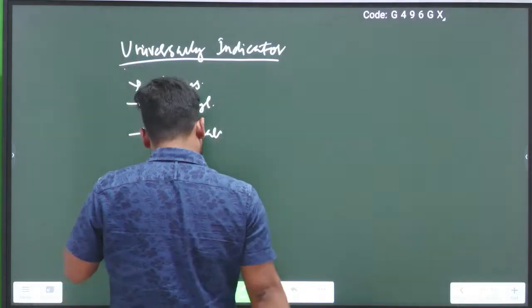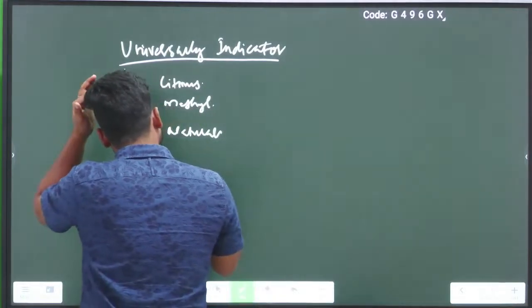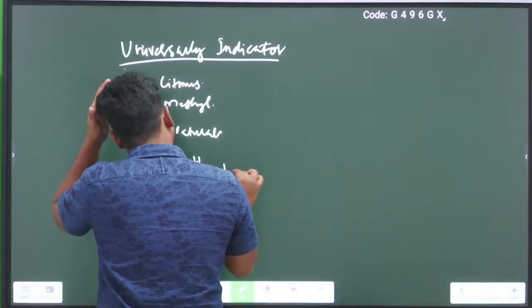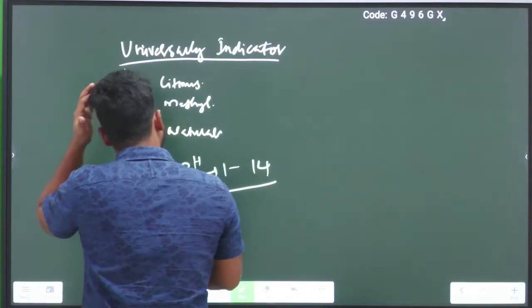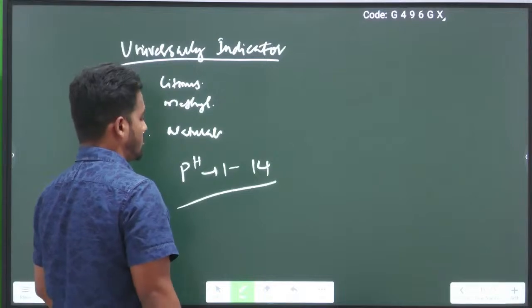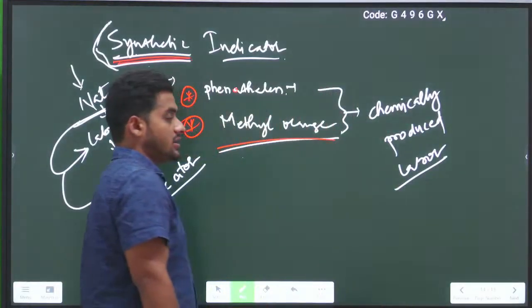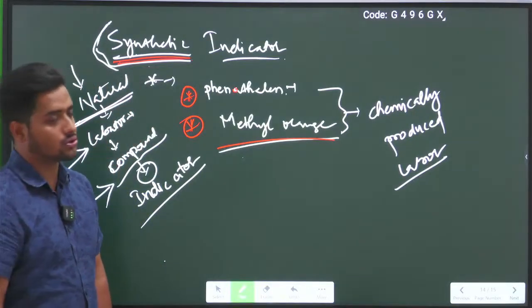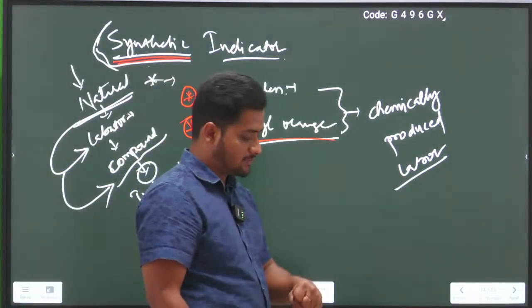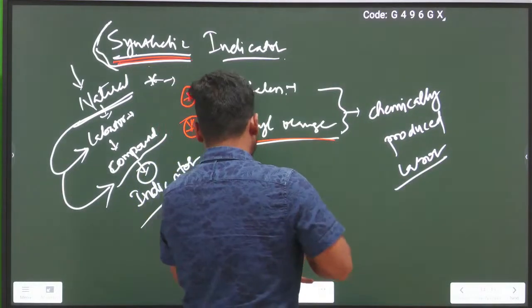All these, whose pH ranges from 1 to 14, are called universal indicators. This point you have to remember in your exams also. So for synthetic indicators you are learning two examples. They are phenolphthalein as an example, and next is methyl orange.